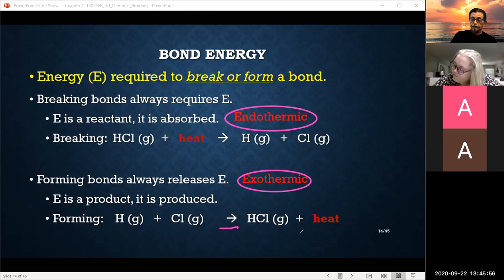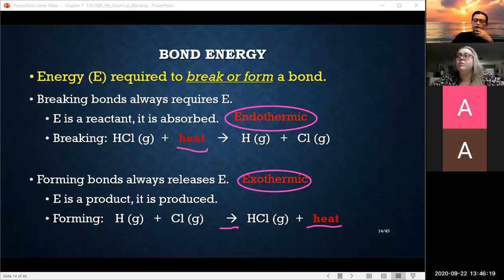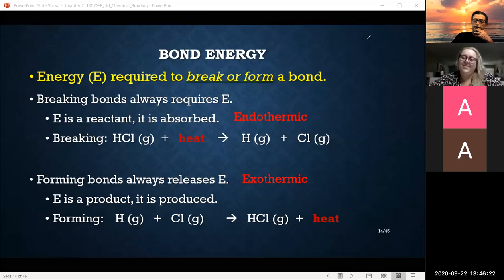And therefore, being exothermic, heat or energy is a product. It releases energy. Up in the first example, heat is a reactant. It requires heat to break that bond.